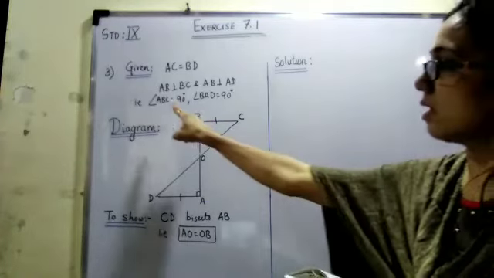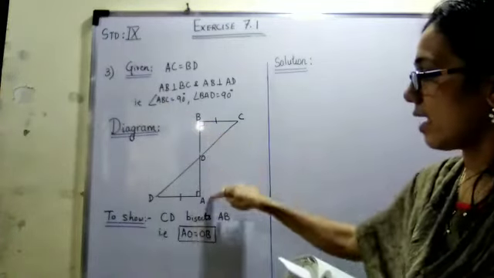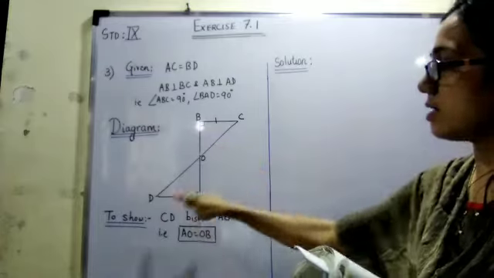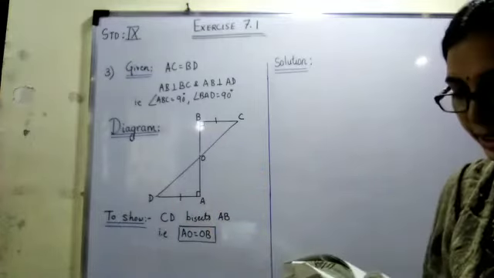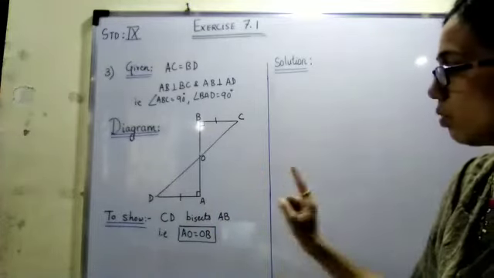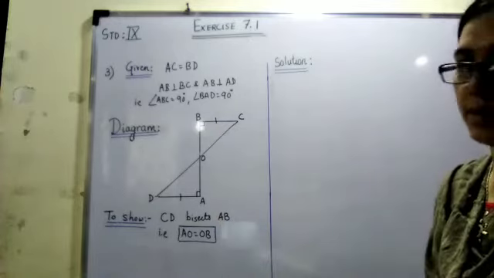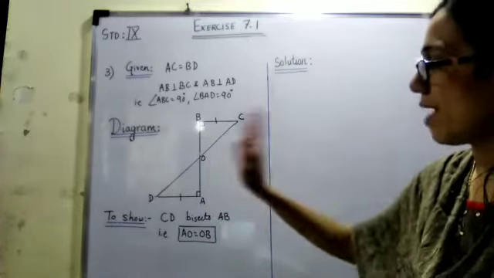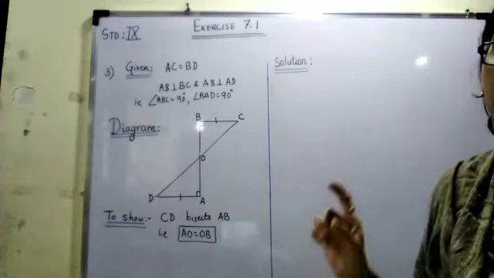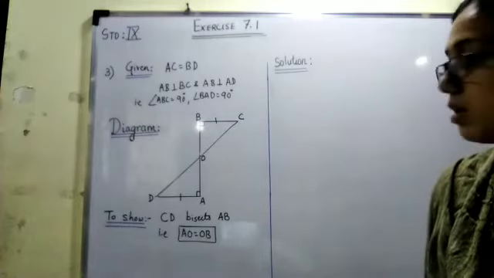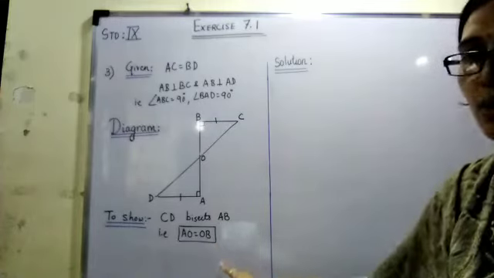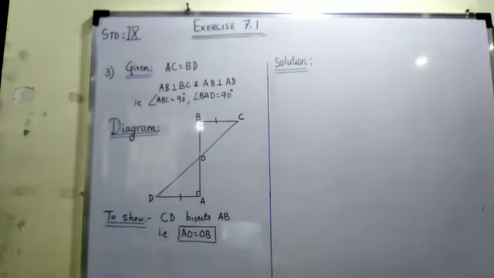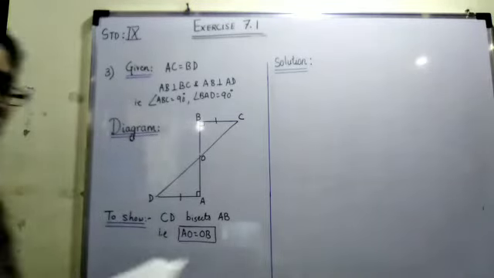So it implies that this angle ABC and angle BAD both are 90 degree. So we have written that. You have to prove that CD bisects AB. This CD is bisecting AB, that means it is dividing AB into two equal parts. That means we have to prove that AO is equal to OB. So this we have to prove.